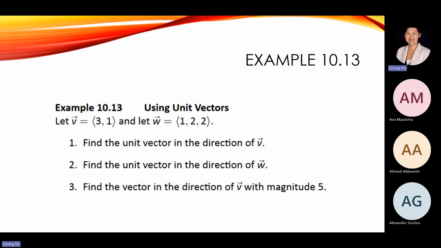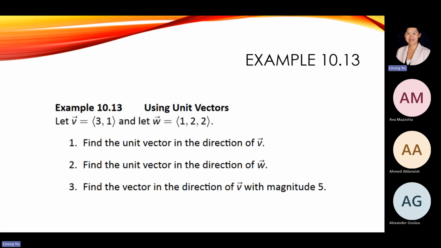To answer number 3, all you have to do is multiply by 5. 5 times u is 15 over root 10 and 5 over root 10. That will be the vector that has magnitude exactly 5, because the unit vector has a magnitude equal to 1, and so the unit vector multiplied by 5 has magnitude equal to 5.